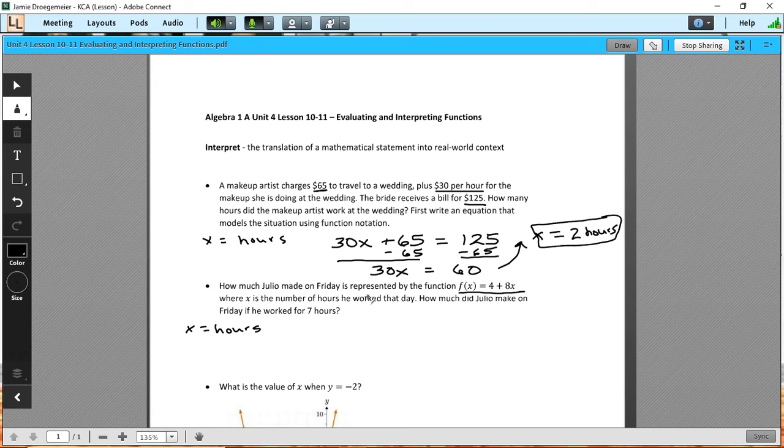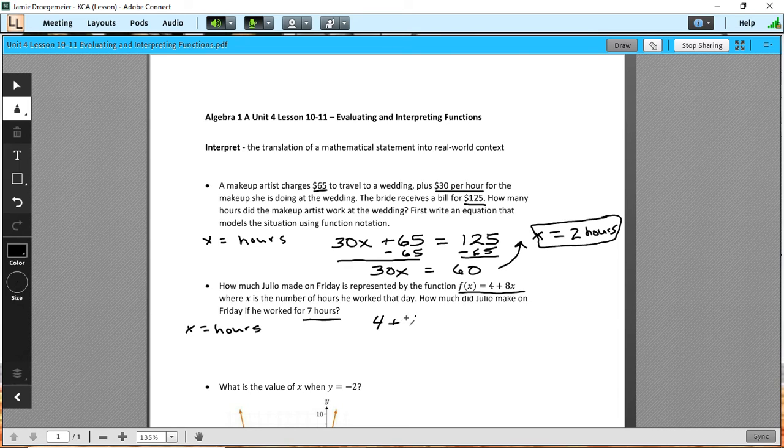All right, so if I want to know how much he made, well, remember, f of x represents the amount of money that he made. X is representing the number of hours. Well, they told us that he worked for 7 hours. And so that means that we're going to replace X with 7 because we know how many hours he worked.